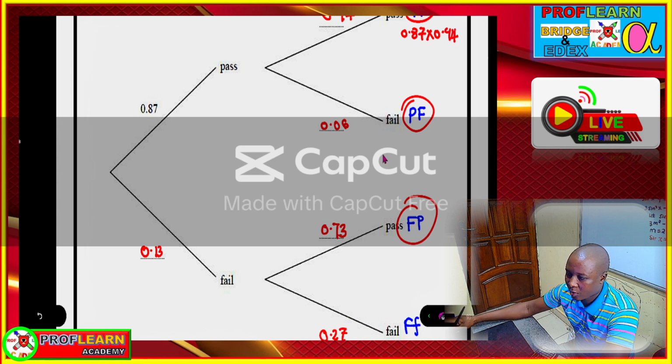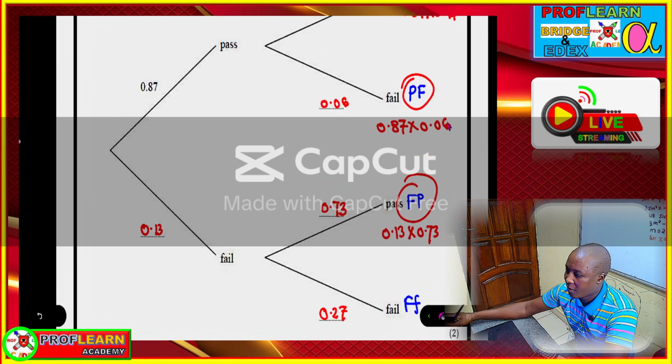For this part it is going to be 0.87 times 0.06, passed here and failed the next one, and then failed but passed the next one, so it will be 0.13 times 0.73. For each of them we are going to find the answer and then add them together.